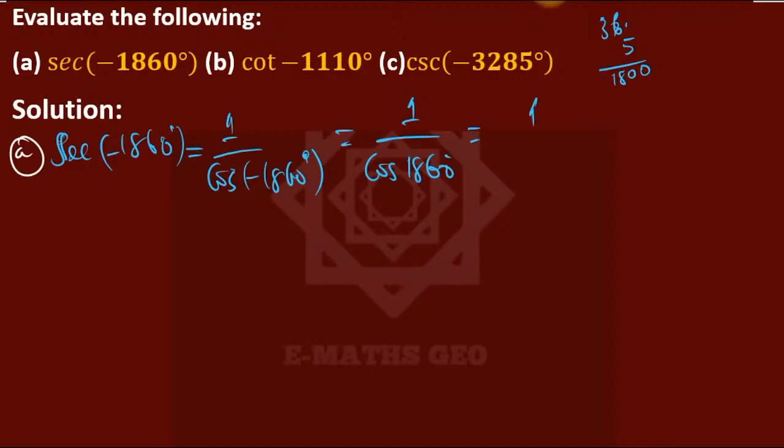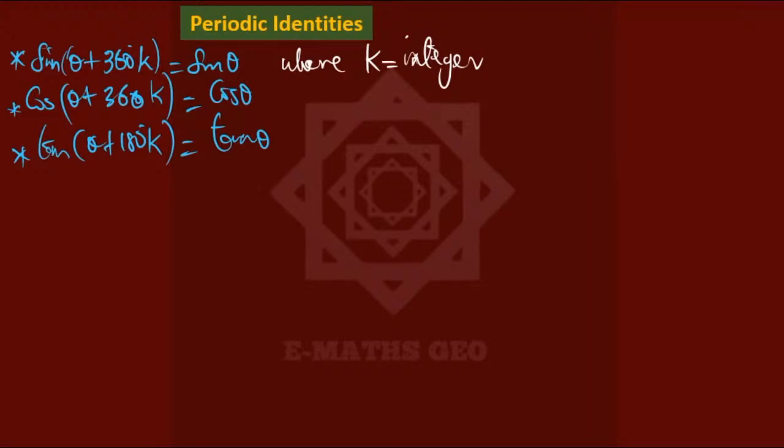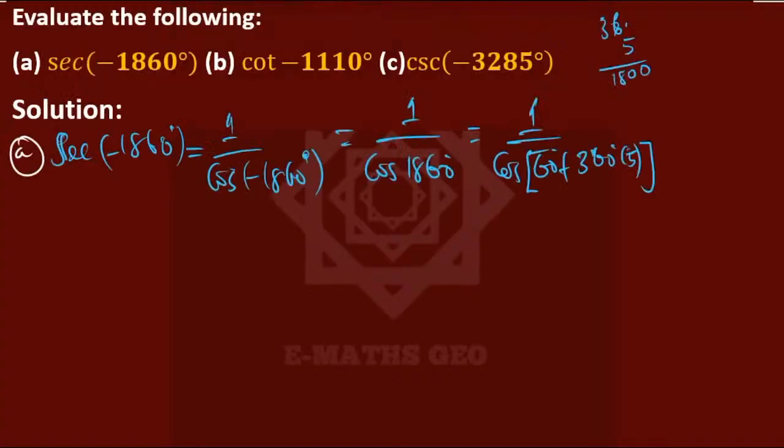So meaning I can write this as cos of 60 degrees plus 360 times 5, using our periodic identity. Using this, I've split the larger angle to be theta plus 360 degrees times k. So that's the advantage of this periodic identity. So this is just equivalent to cos 60. And cos 60 is half, so 1 over a half is 2. If you use your calculator, that's exactly what you get.